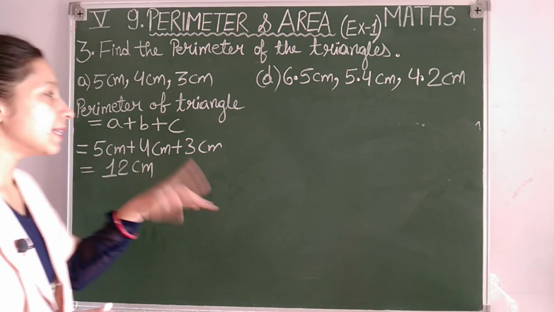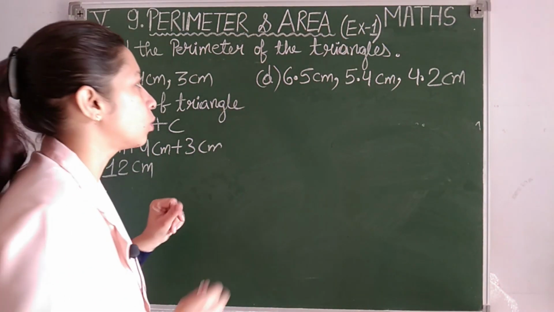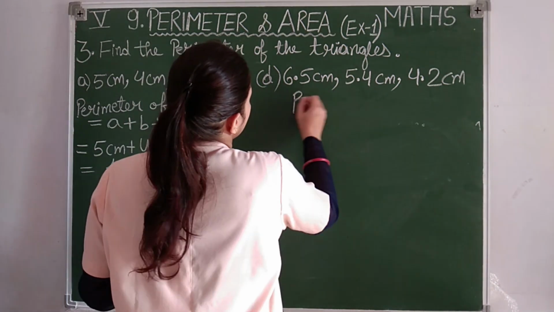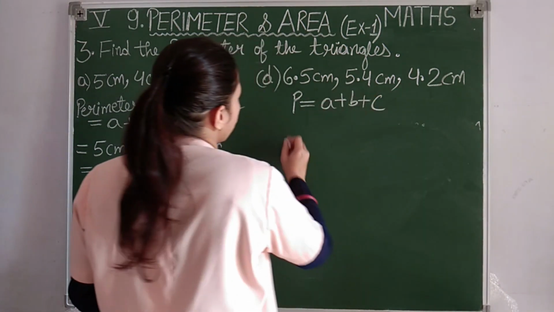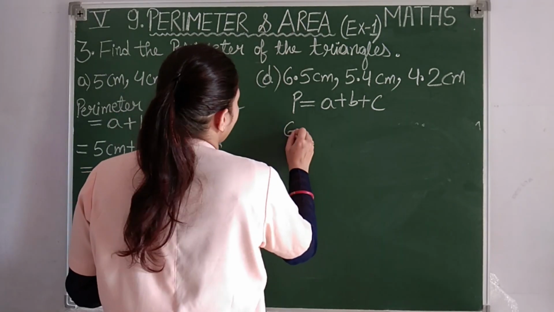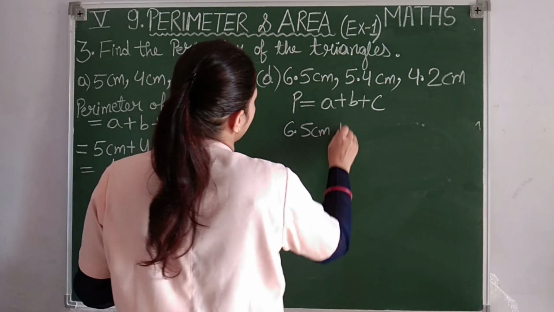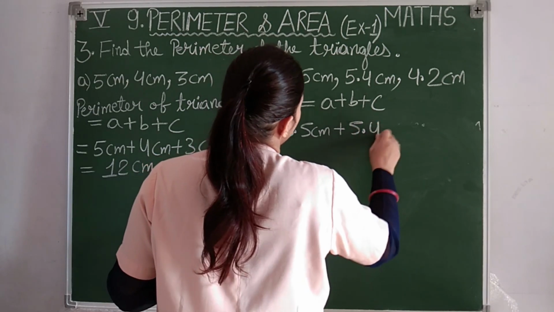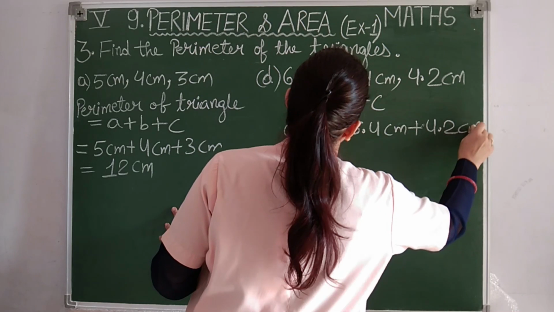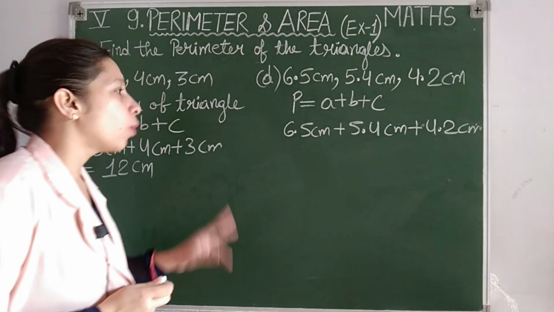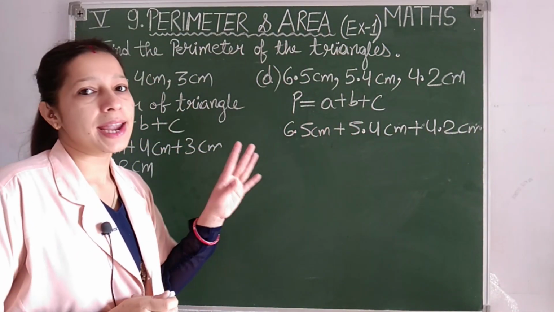Then point B and C will be your homework. D point we are going to see where the 3 sides are given in decimals. Okay. So again 6.5 centimeter plus 5.4 centimeter plus 4.2 centimeter. Again students, when you add or subtract decimal numbers, you have to see whether the decimals are like decimals or not.